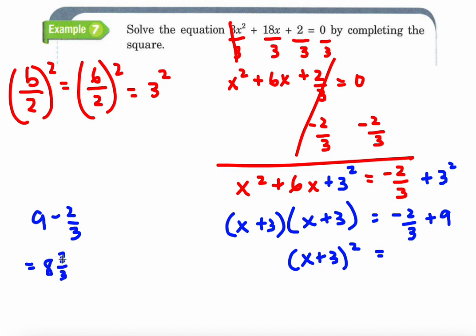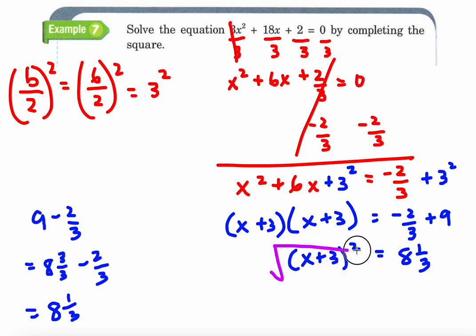Because 8 plus 3 over 3 is 8 plus 1, minus 2/3. So this would be 8 and 1/3. Okay, and I need to get rid of the square, so I'm going to square root both sides, and then I can start solving my problem.